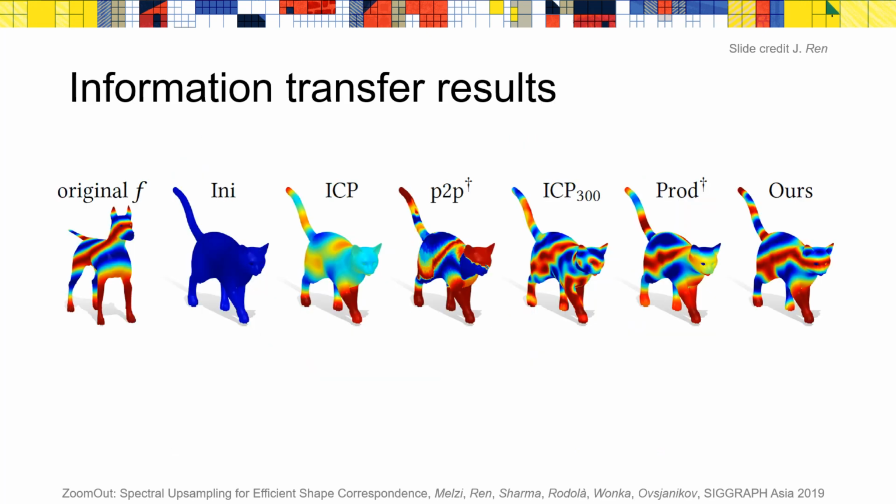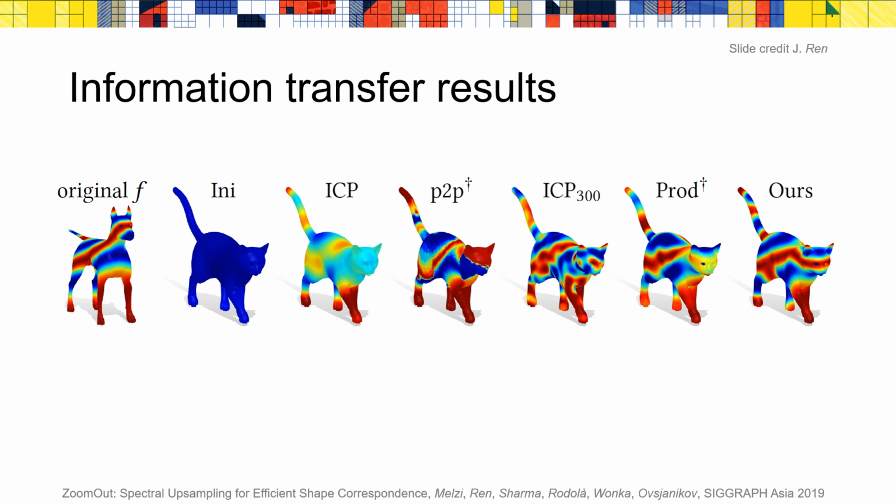Finally, I would like to give you a visualization of the information transfer, or functional transfer, results obtained with different techniques. So here we have on the left an original function f on the dog, and then we have the initialization using a small set of Fourier basis functions on the cat shape. Then using ICP, we can better recover the signal, but a lot of high frequency details are lost.